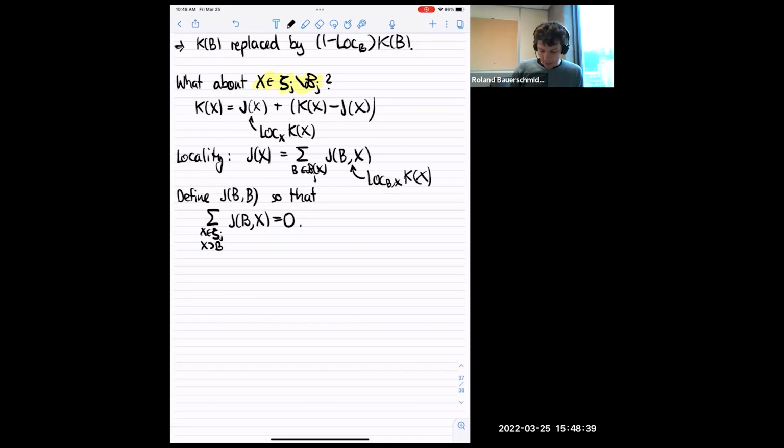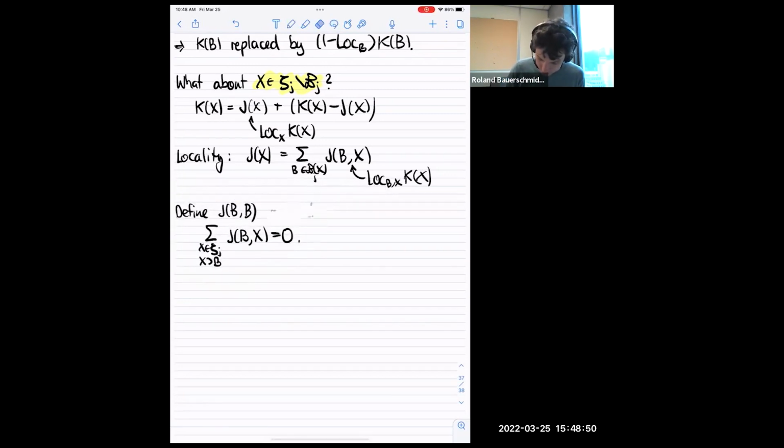So this just corresponds to JB. Maybe it's clearer if I just write down what it is. So it's minus the sum over X, which are small sets, but not blocks, and X contains the block B. And then we take these JBX from before.